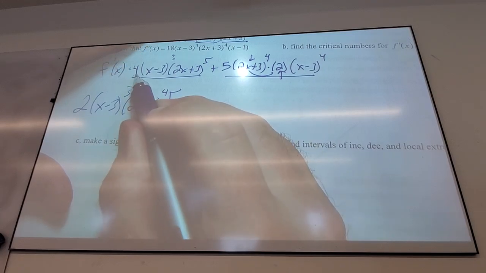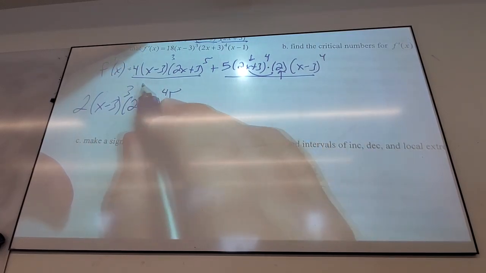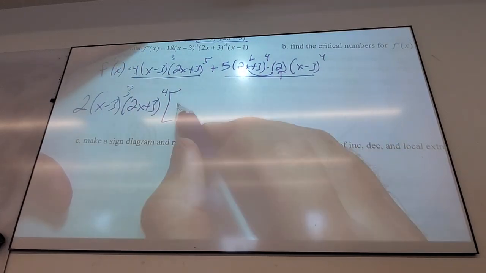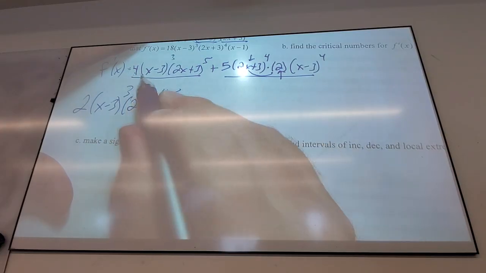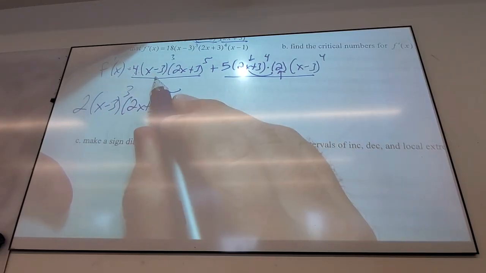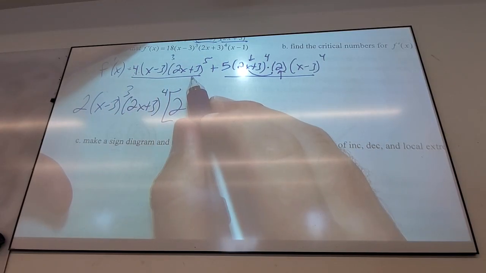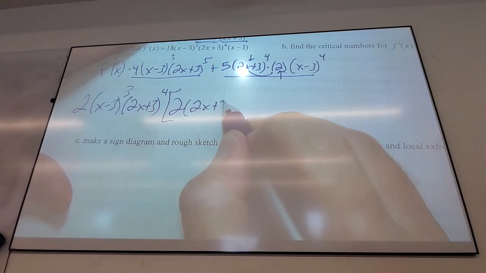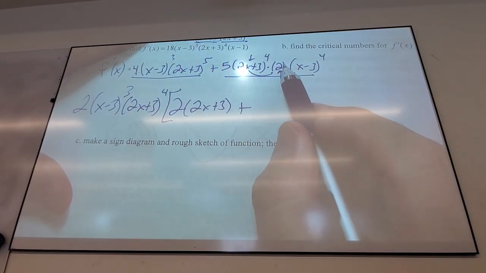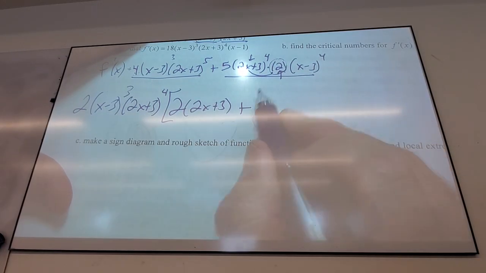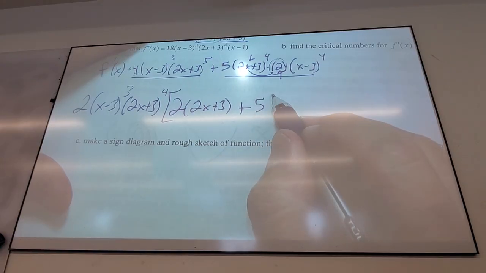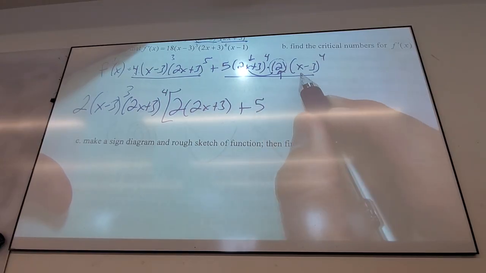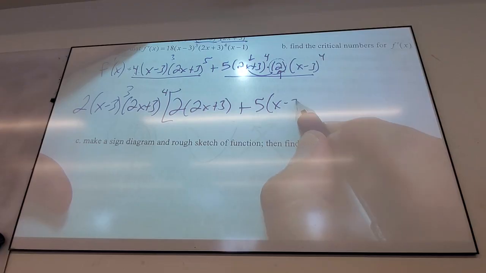So what's left here number-wise? 9. What's left here number-wise? 2, because there was a 4 and I took a 2. How many x minus 3's left? None. How many 2x plus 3's left? 1. Plus, took that 2 out, right? Good. 5. How many 2x plus 3's are left? None. How many x minus 3's are left? 1.